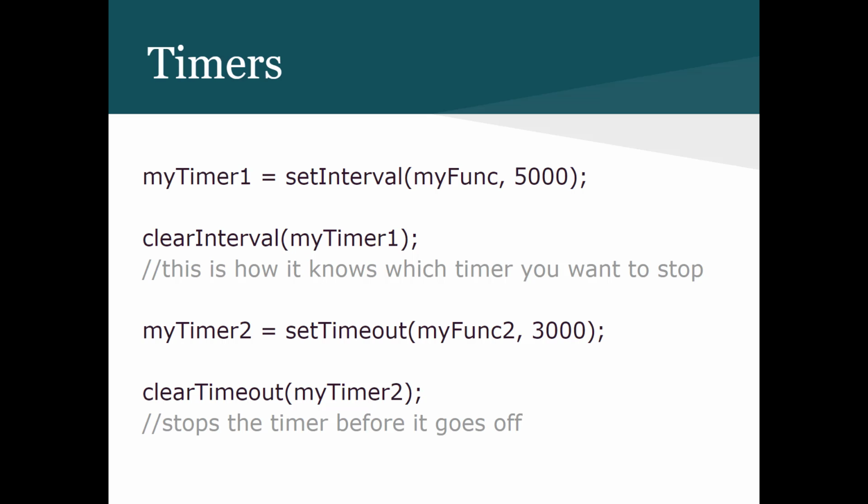By storing the timer in a variable, I now have control over it. By using the variable in the clear functions as seen here, JavaScript knows which timer to stop. clearInterval must be used when setInterval is used, and clearTimeout when setTimeout is used. It would be nice to be able to turn off all the timers at once with one command, but sadly it does not work that way yet.